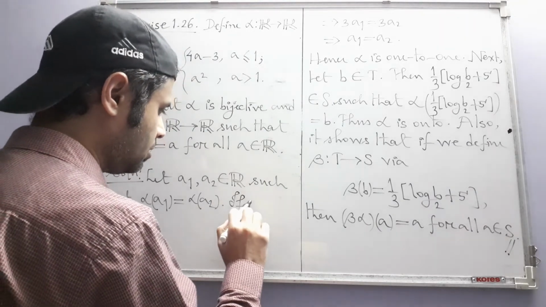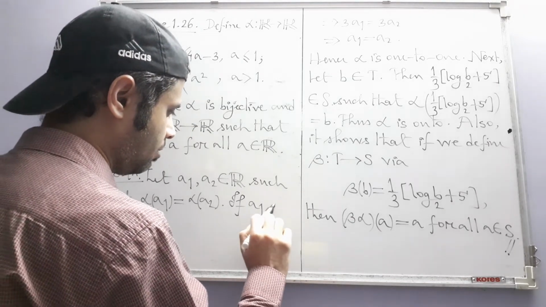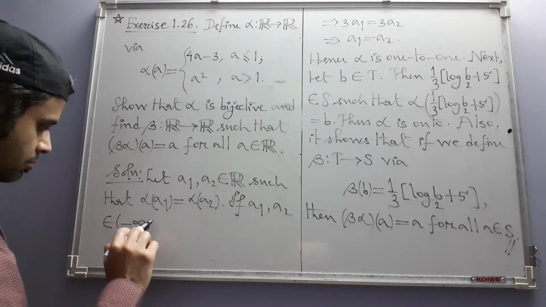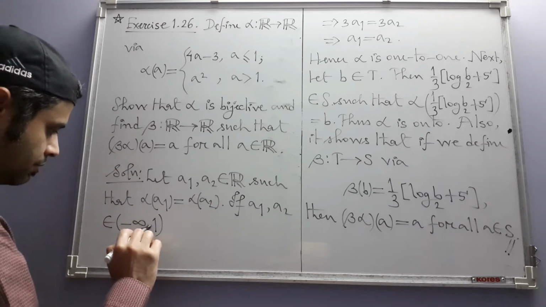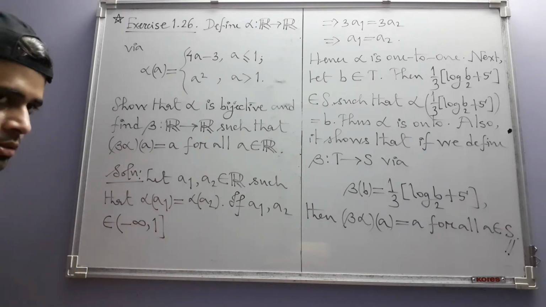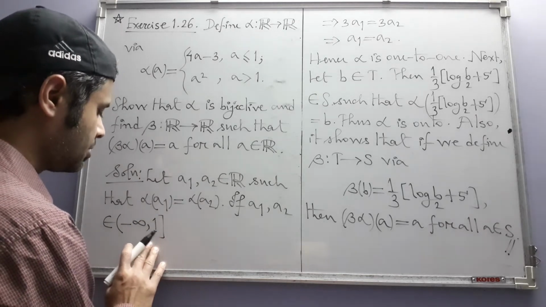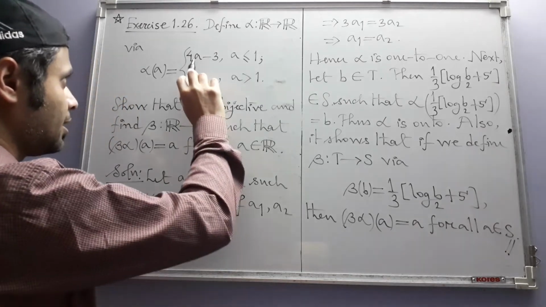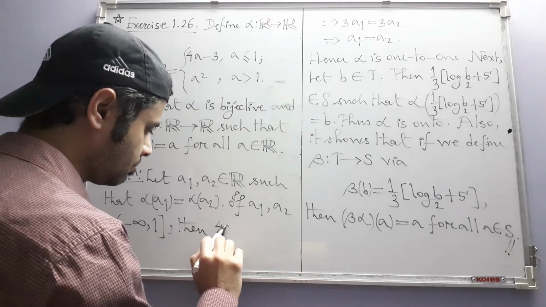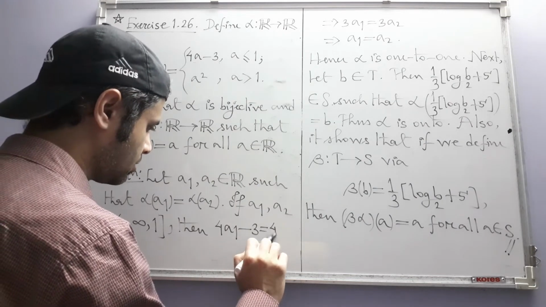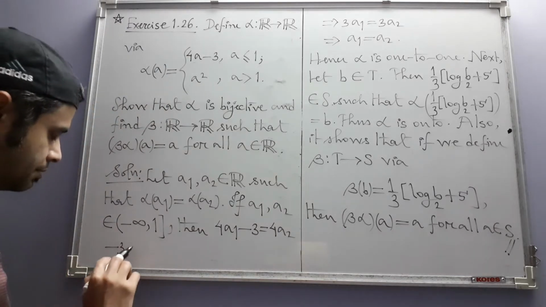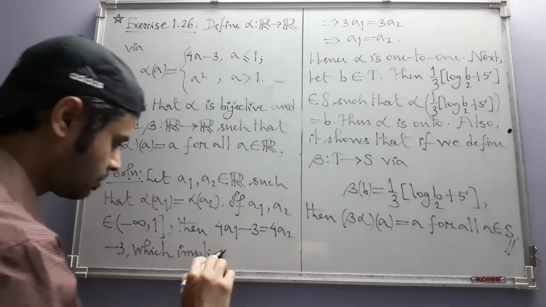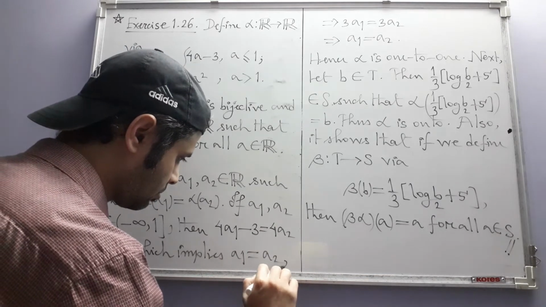If a1 and a2 are both less than or equal to 1, that is, if both of them belong to this interval, then that means we have to use this part of the formula. 4a1 minus 3 is equal to 4a2 minus 3, which implies a1 is equal to a2.